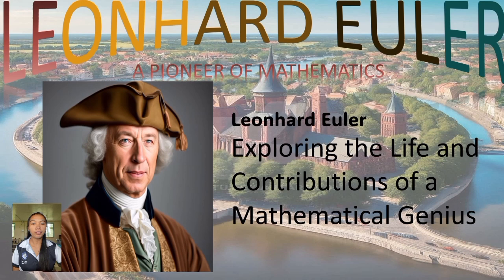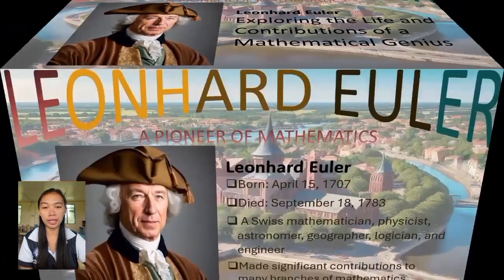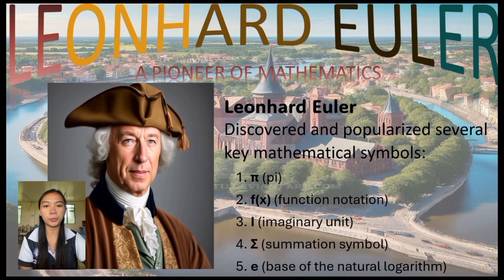He made significant contributions to many branches of mathematics. Euler discovered and popularized the use of the following symbols. The first one is the Greek letter pi, which is Archimedes' constant, the ratio of the circumference of a circle to its diameter.